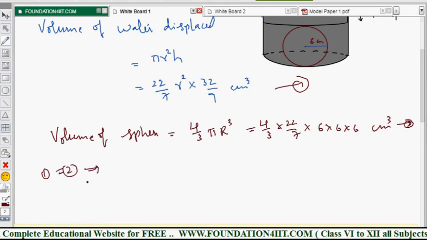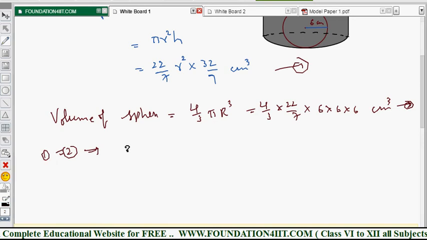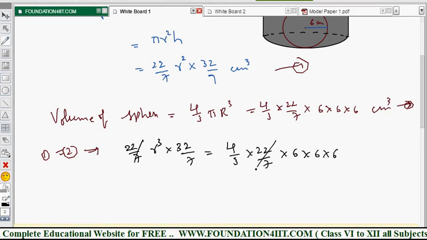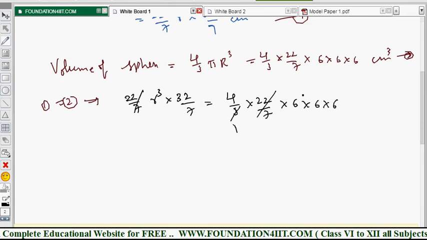From this, we can equate both equations. So 22/7 r cube into 32/9 equals 4/3 into 22/7 into 6 into 6 into 6. Okay, 22/7 cancels on both sides. If you take all the values to one side, you can cancel 3 ones are 3, 3 twos are 6.